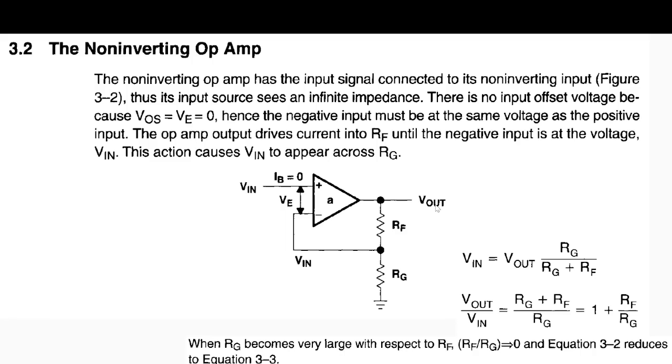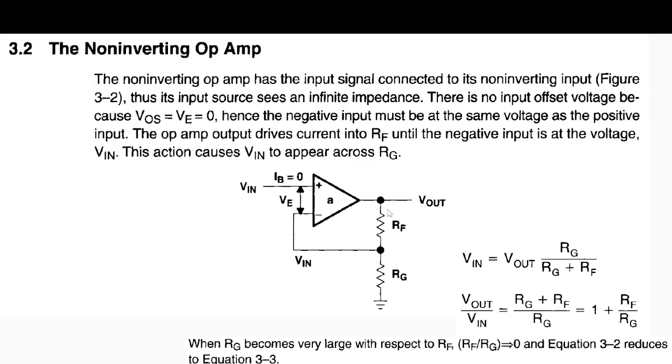When V in is coming to this node, the output is simply a voltage divider. It's a very simple equation, nothing more than a voltage divider, where V in is equal to V out times RG divided by RG plus RF.